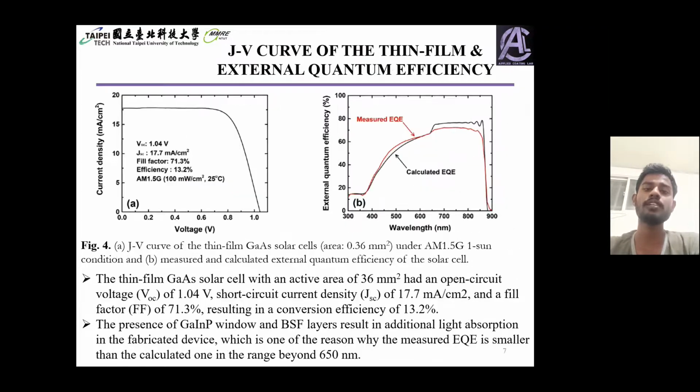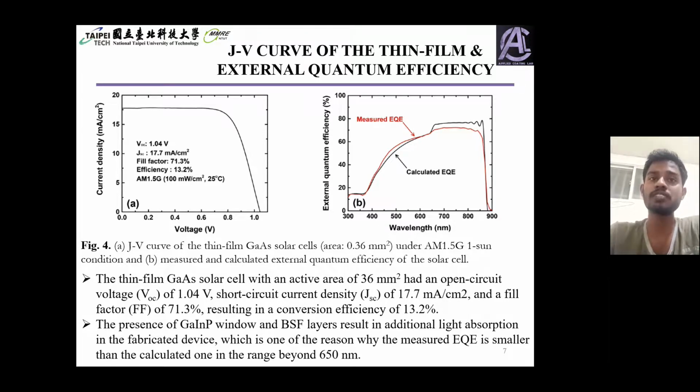And the next one is the JV curve of the thin film and external quantum efficiency. In Figure 4A, it shows the light current density voltage curves of the fabricated thin film gallium arsenide solar cell under one sun illumination.